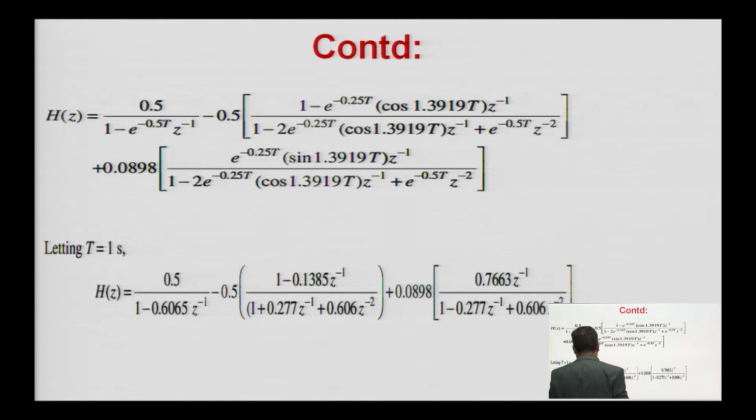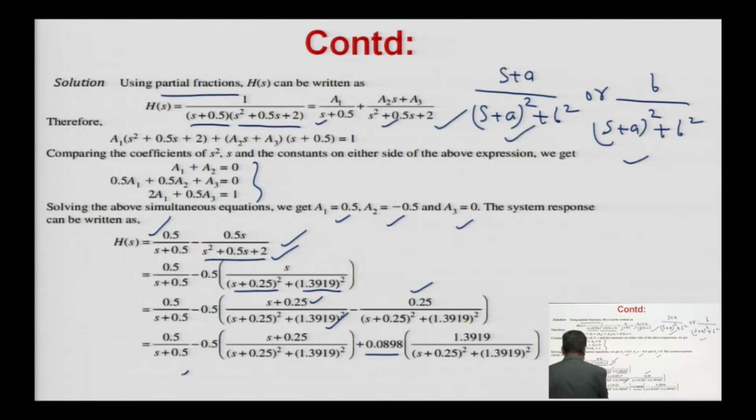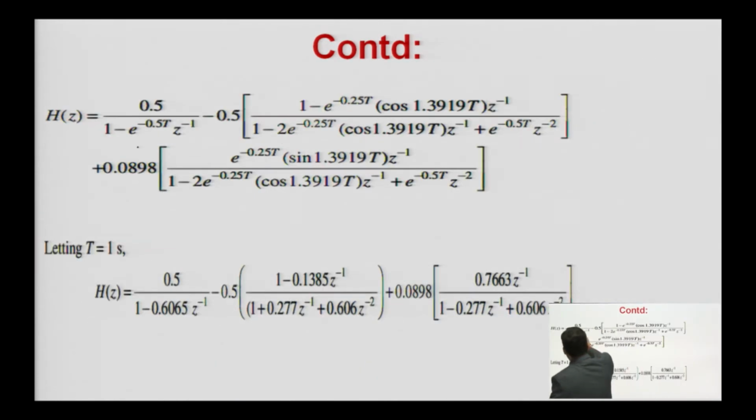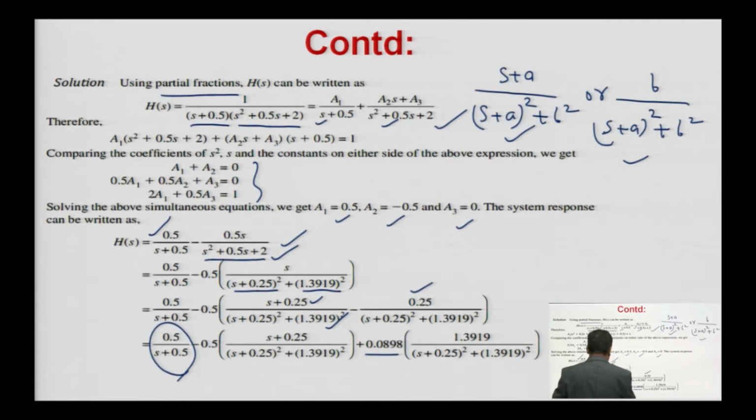If it is in this form, then you can directly put the value. This is only for the linear factor. I also told in my previous video lectures that these formulas are for linear factor, sine and cosine, so you can directly put them here. For this you can directly write 0.5 upon (1 minus e to the power minus 0.5 t z to the power minus 1), minus 0.5, and this was for the cosine term and this was for your sine term.